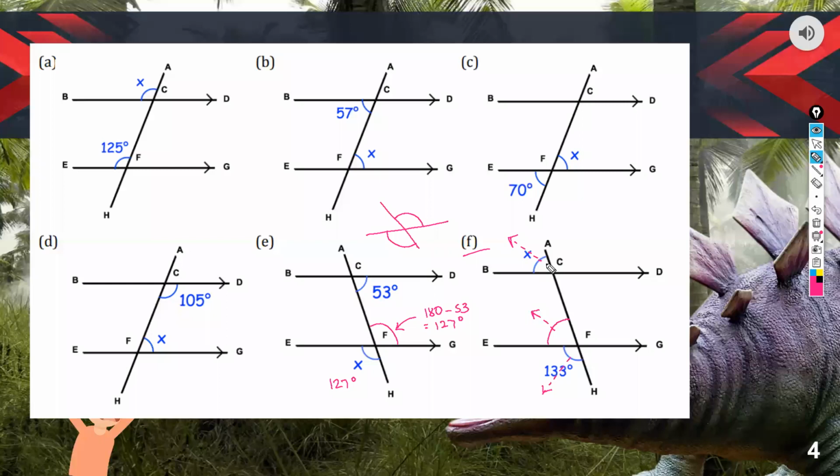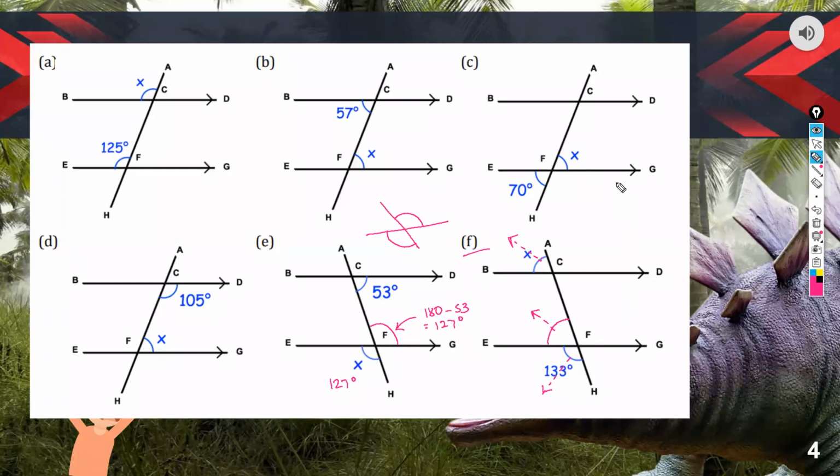This eye and this eye are looking in the same direction, and they cannot see each other, which means this angle and this angle are equal. So all we need to do is figure out the value of this angle, and whatever we get for him, X will have the same exact value.